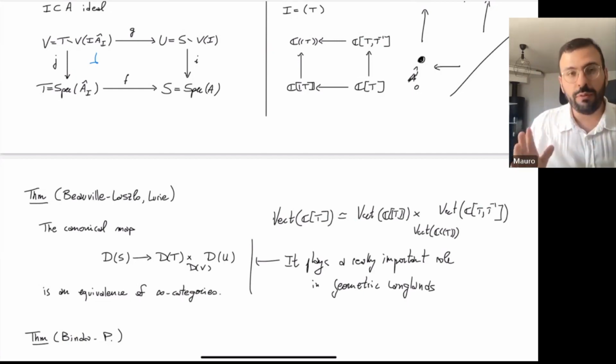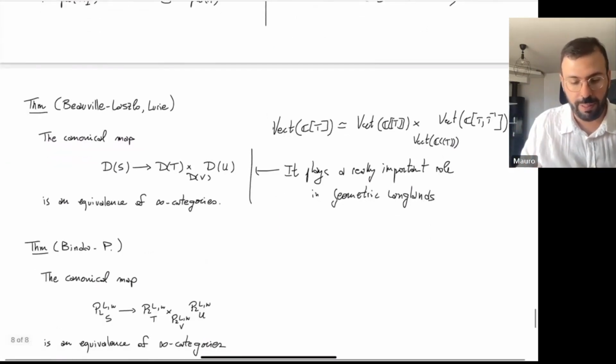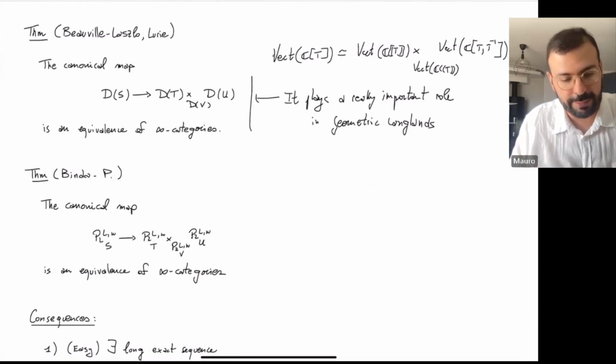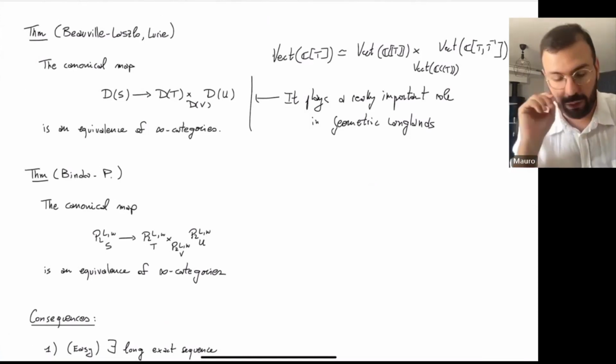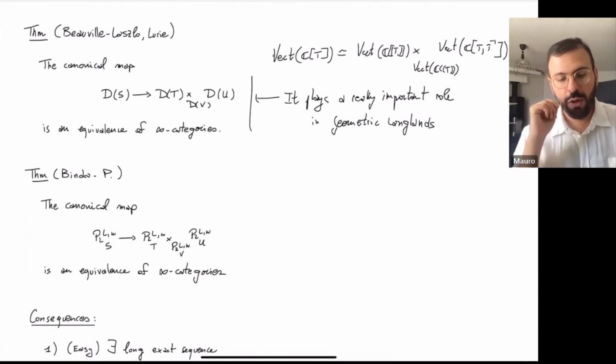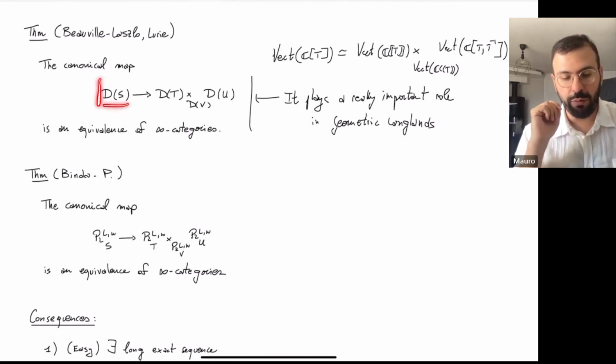Okay, and so the second result that we prove in this paper is that this same result holds at the categorified level, where we replace the derived category of quasi-coherent sheaves with categorical sheaves, and then we get an equivalence of categories.